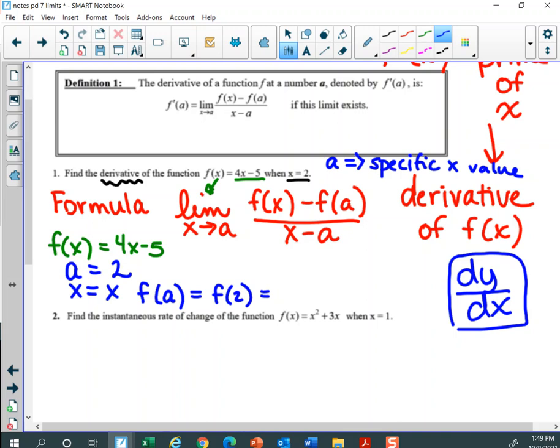Do what with the x? Multiply it by 4 and then subtract 5. I'm just looking at that, right? So f of 2, f of any x value, we use that and we get 3.